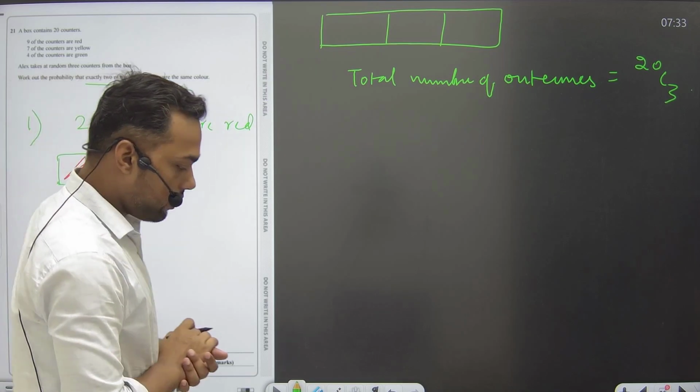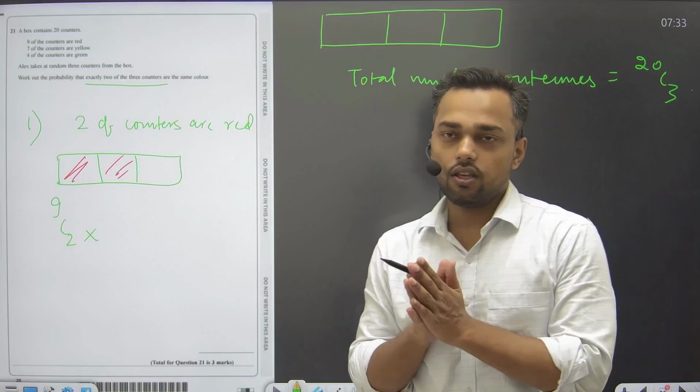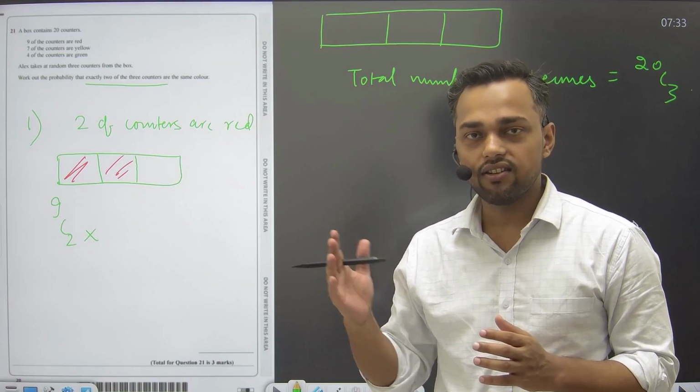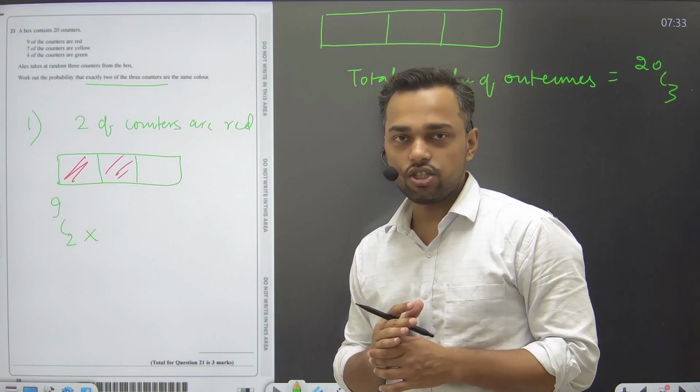We are selecting 2 red counters out of 9 red counters, so we get 9C2 cross.